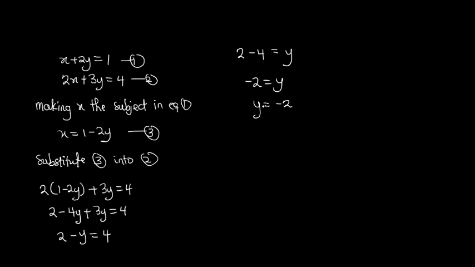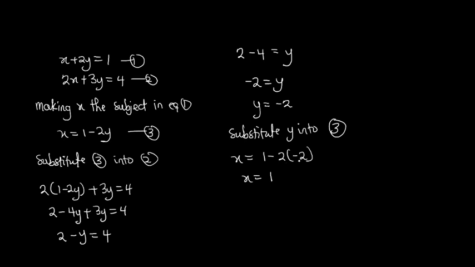Now that I have my value for y, all I need to do is substitute y into any of the equations, either equation 1, 2, or even equation 3. So I'll do that into equation 3, and then I'll have x is equal to 1 minus 2 into bracket the y now, which is negative 2 over here. So my x will be equal to 1.